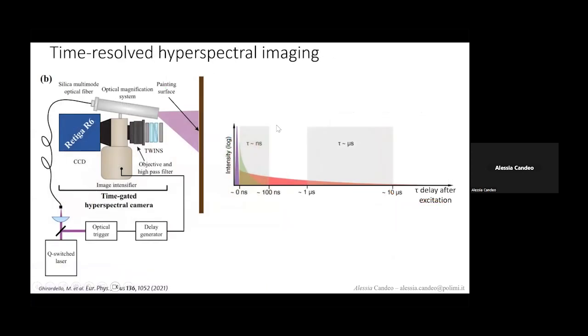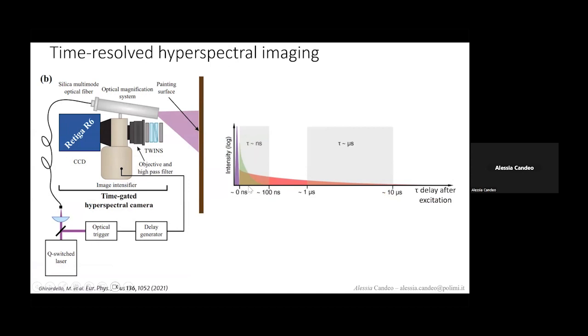Then we can also use our camera in all these 3 different configurations to perform time-resolved hyperspectral images. In this case, basically, our interferometer is coupled to an objective and then an intensifier and a camera that is a time-resolved or a time-gated camera. In this case, we have to use a pulsed laser, and a pulse of laser excites the fluorescence from the sample, and then we can open selectively our gated camera at different delays with respect to this pulsed excitation.